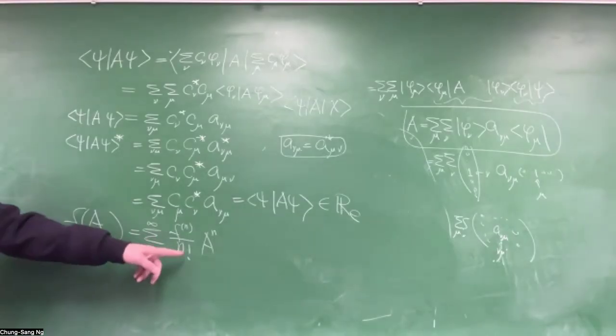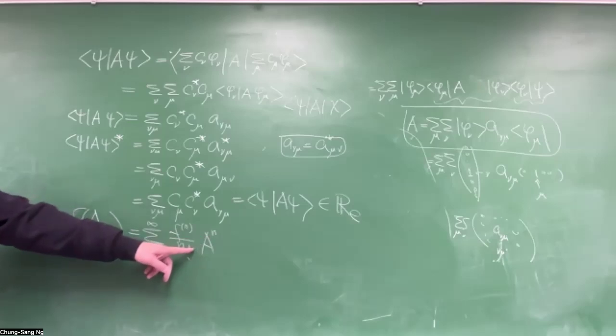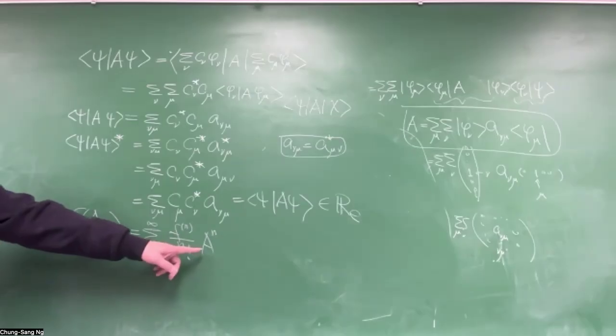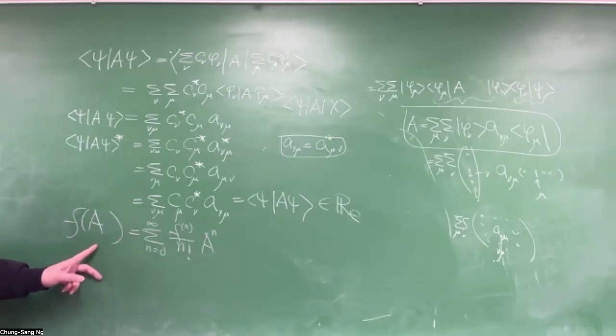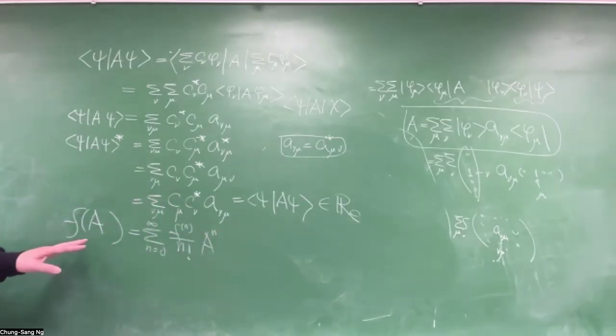It means the sum of all terms, each with a different number of products of A with itself. In this case it's trivial because A commutes with itself, so there's no problem with order.